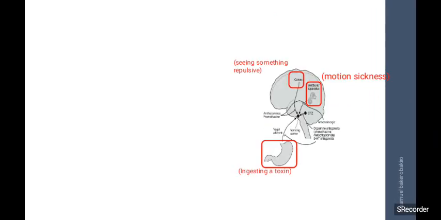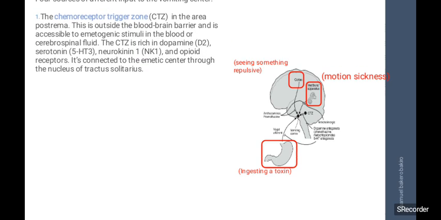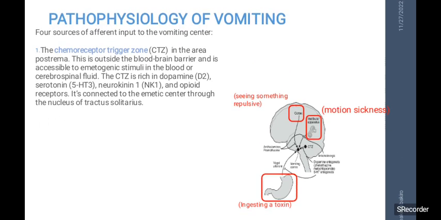In this slide, we shall be looking at the pathophysiology of vomiting. Vomiting can be due to ingestion of a toxin, seeing something repulsive, or motion sickness. So there are four sources of afferent input to the vomiting center. One being the chemoreceptor trigger zone in the area postrema.